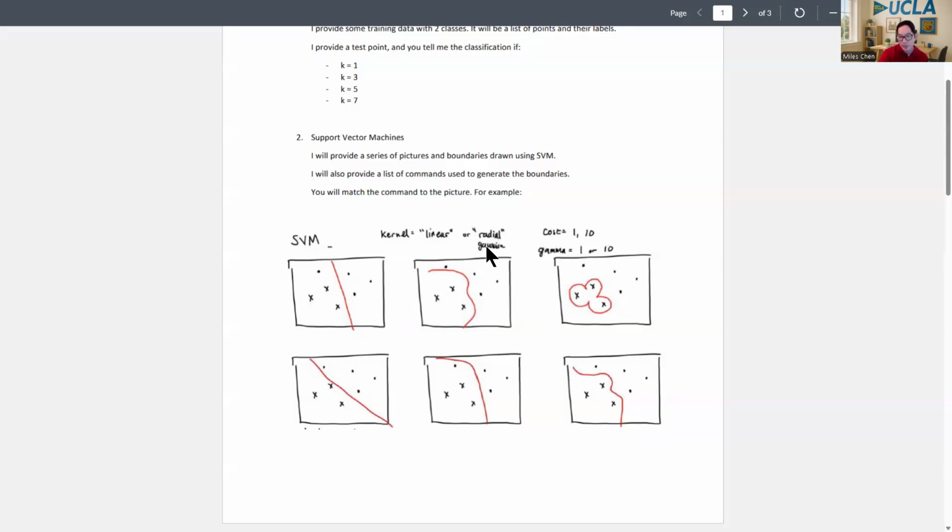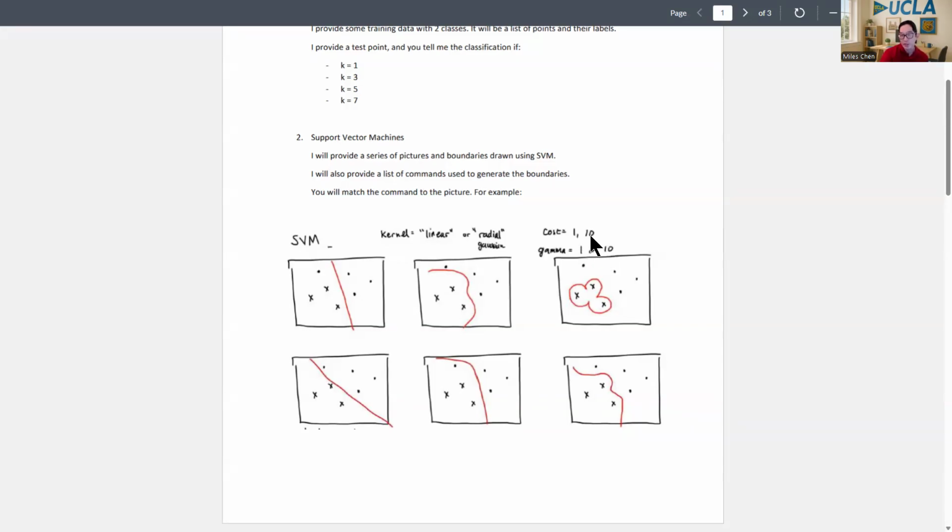So it might be SVM with radial function and cost 1 gamma 1, or cost 1 gamma 10, or cost 10 gamma 1, or just different kinds of combinations, and you'll have to match. I think probably the trickiest ones will be cost 1 with gamma 10 versus cost 10 and gamma 1.